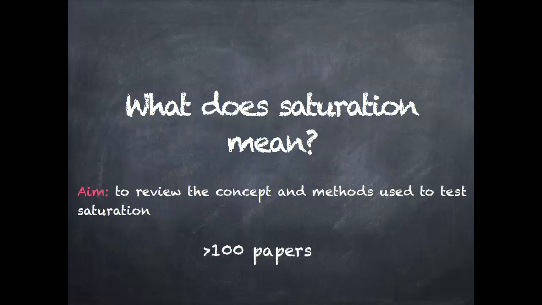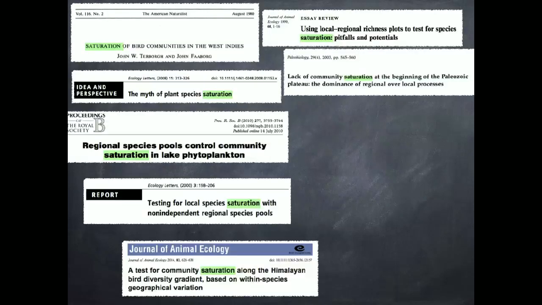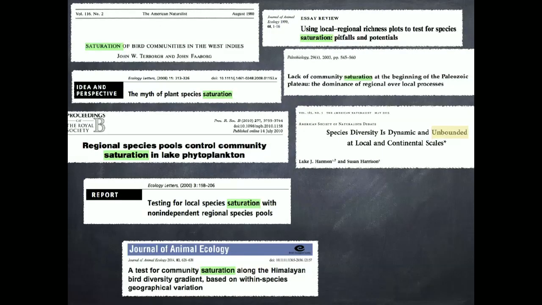So far, we have read more than 100 papers, and these papers cover a big range of research. One of the classics is the one by Terborgh and Faaborg, in which they looked at the saturation of bird communities in the West Indies. This has also been studied using invasive species and different kinds of organisms.